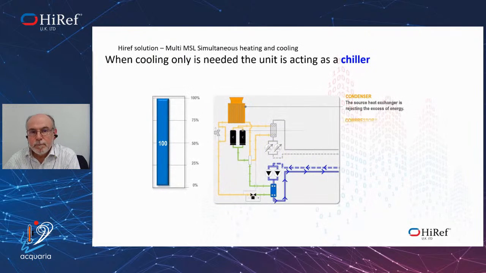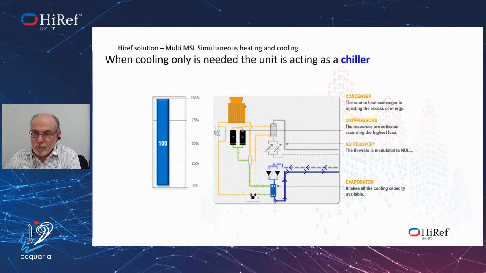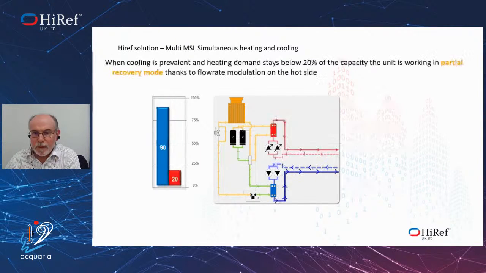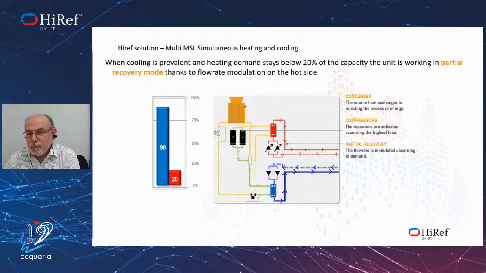But with the multi-unit, you can be cooling through the heat exchanger for the cooling side, and so the refrigerant side is going through and it's rejecting out the air to the atmosphere. When you want partial recovery, part of the refrigerant cycle takes it through the 3-port valve and into the hot water heat exchanger.